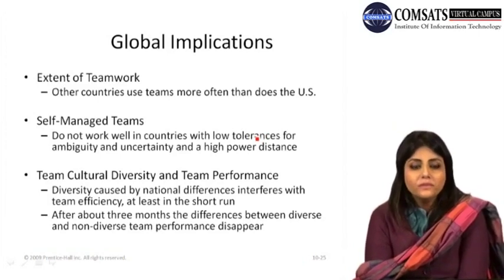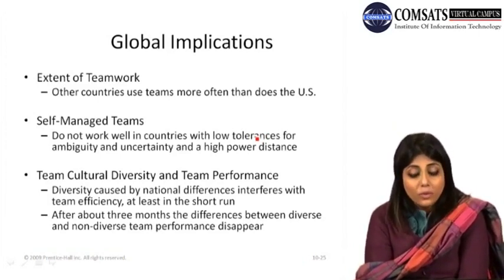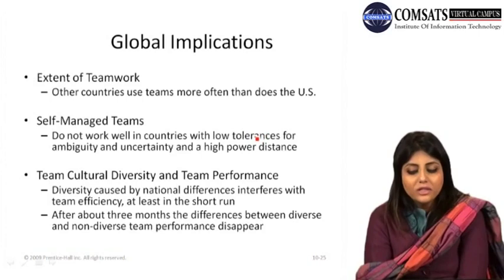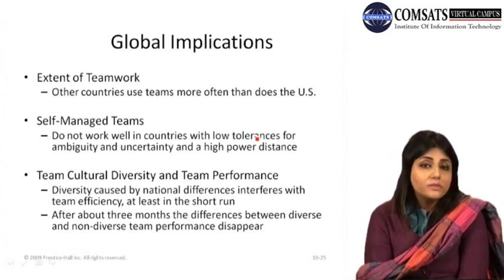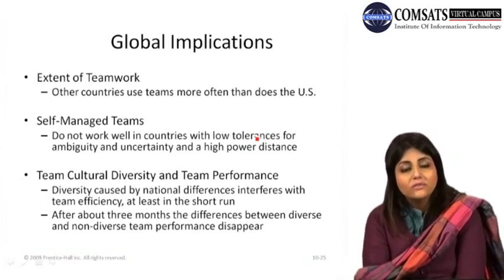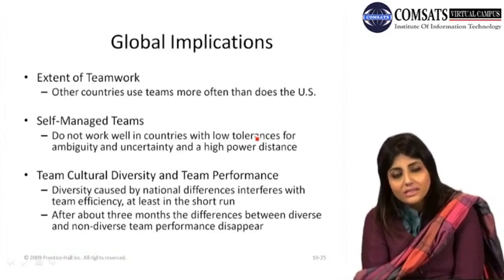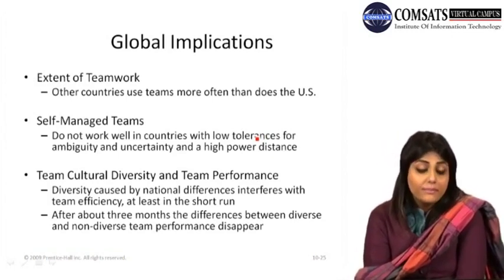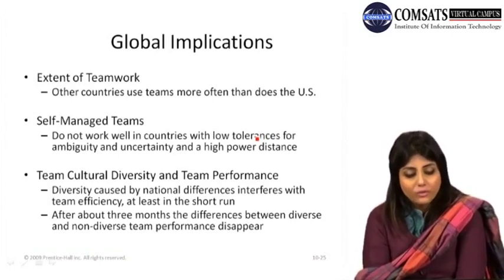That involves a certain degree of ambiguity and uncertainty in the team, and in countries which are low in tolerance for ambiguity and uncertainty, and in high power distance societies, self-managed teams may not work very well.